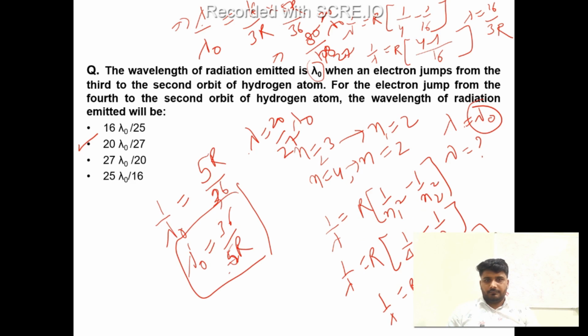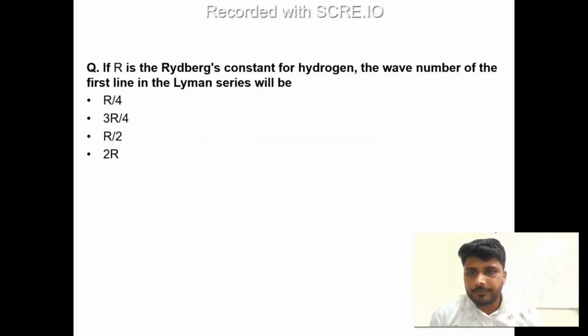Just divide lambda by lambda naught. So R will be cancelled out, and you will be getting 20 by 27 lambda naught. Okay, fine. So I am going to the next one.